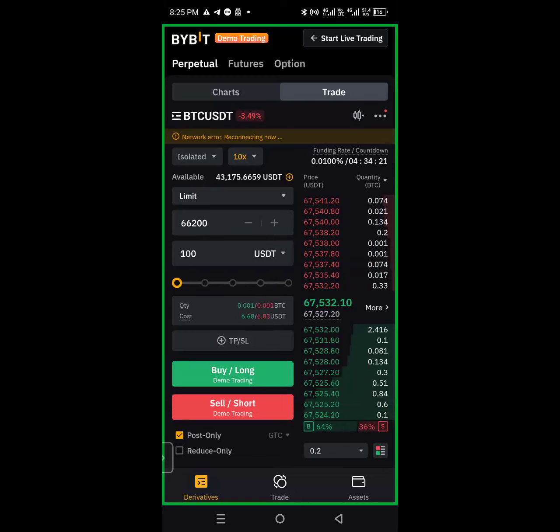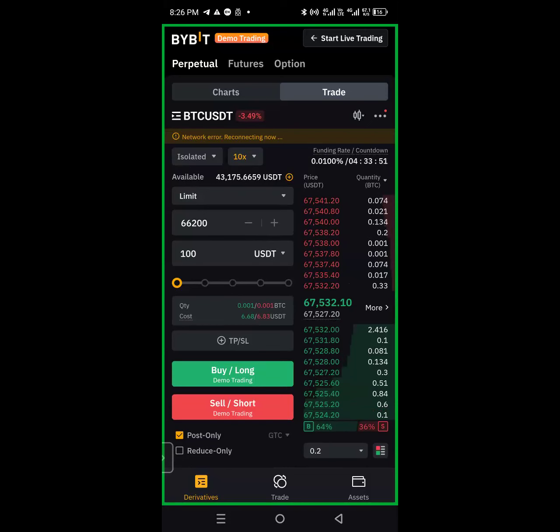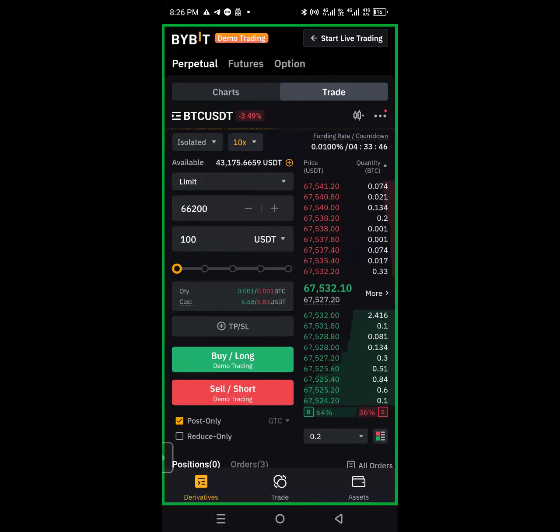The current price in the market now is 67,532, which means that price has not gotten to our entry yet, or it has probably gotten there and left. And the trade idea still shows that entry. It means that you have to use limits.